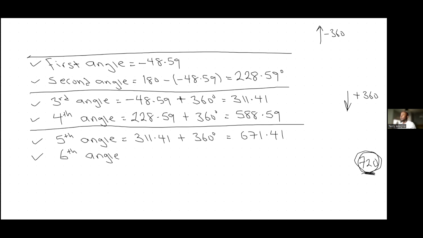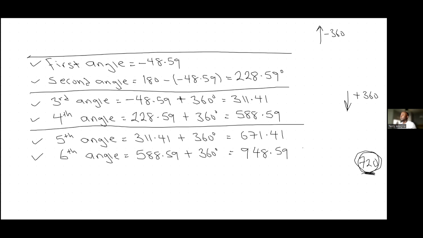The sixth angle is going to become, we have 588.59 plus 360. And when you add this, it's going to give you 948.59. 948.59 is greater than 720, so we have to stop here.